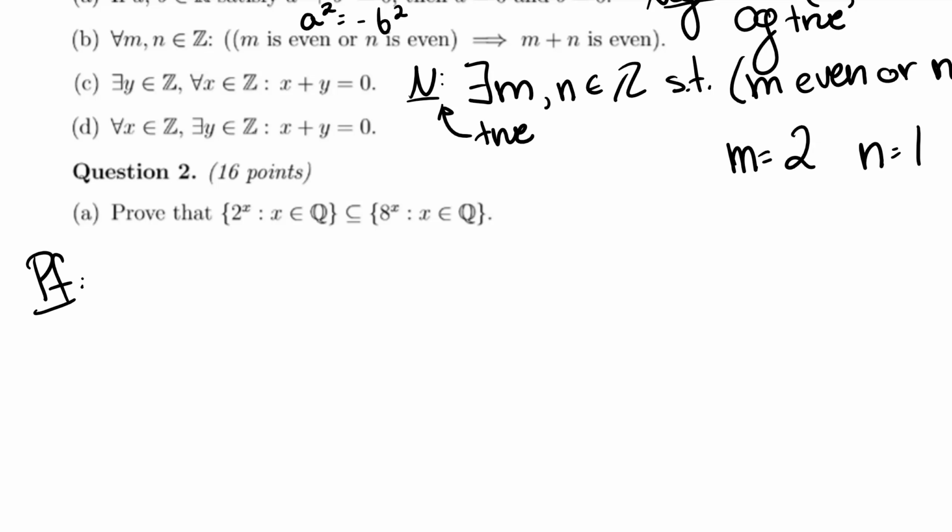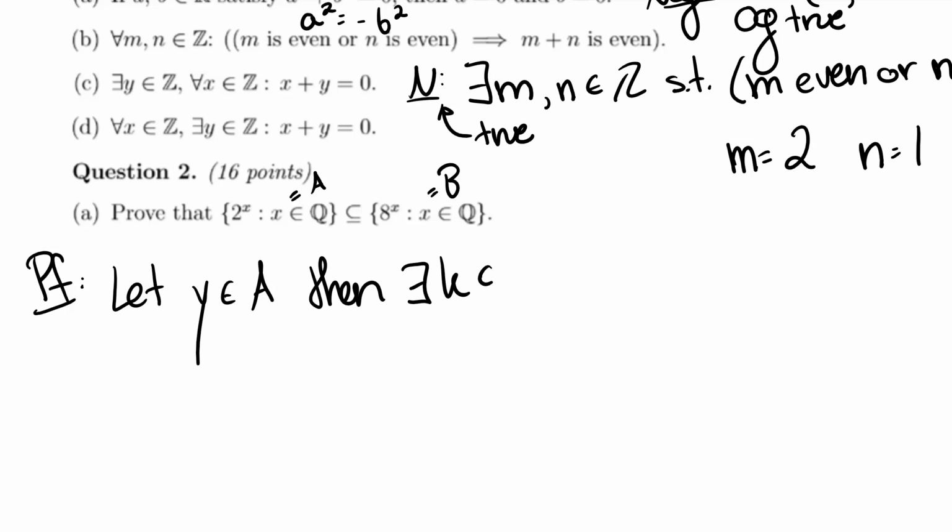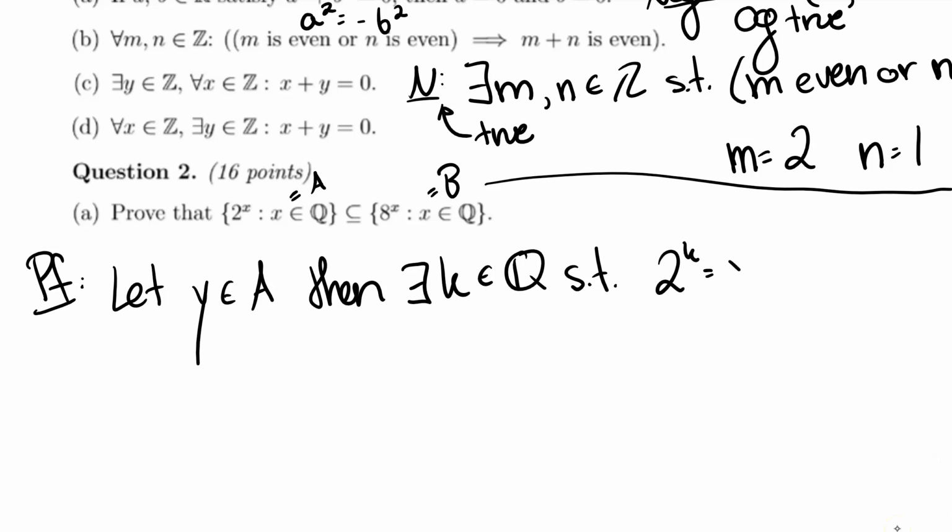Well, first, since we're talking about x's, maybe I'll pick something else. Let maybe y. I'm going to call this set A and this set B because I don't want to have to write that every time. So let y be in A, then there exists maybe a k in the rationals such that 2 to the k equals y.